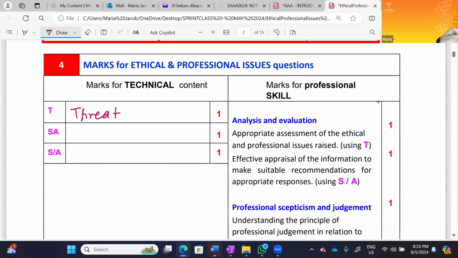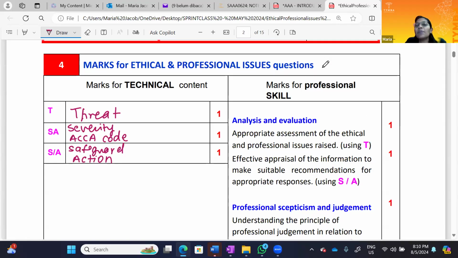Then for your severity, and what your ACCA code says, you will need to explain it also. You can get 1 mark. And for every single safeguard, or any suitable action you mention, you will get 1 mark each.